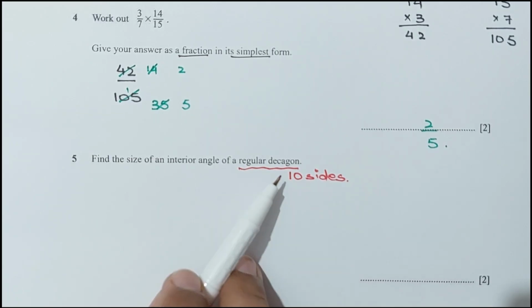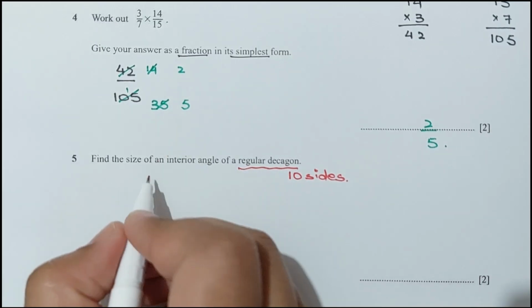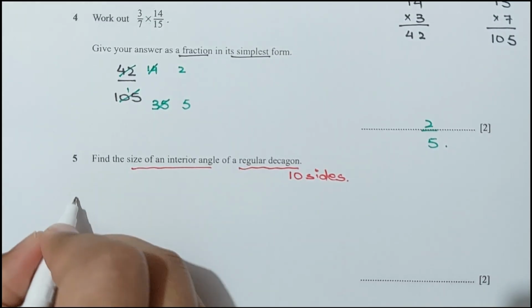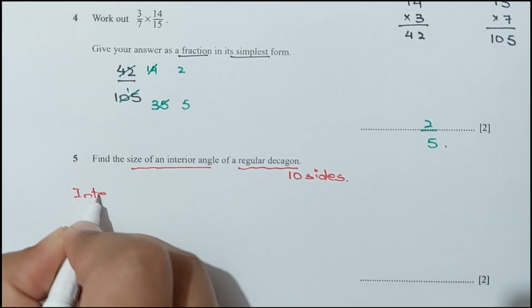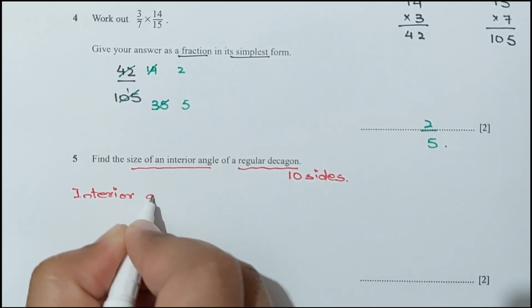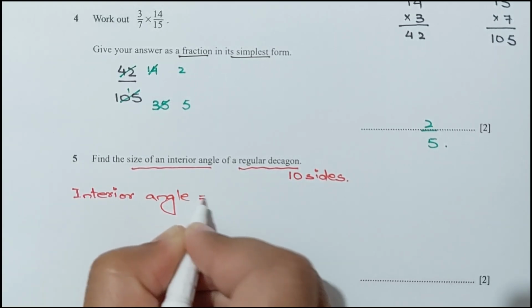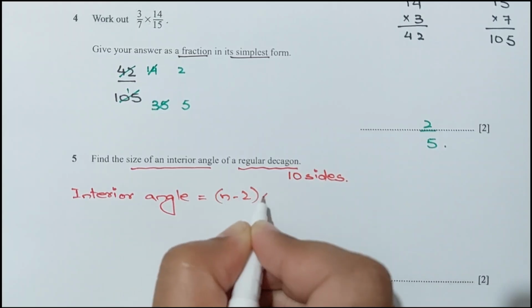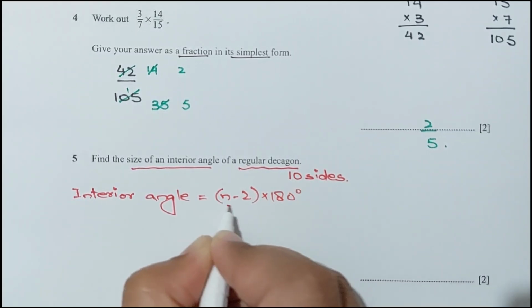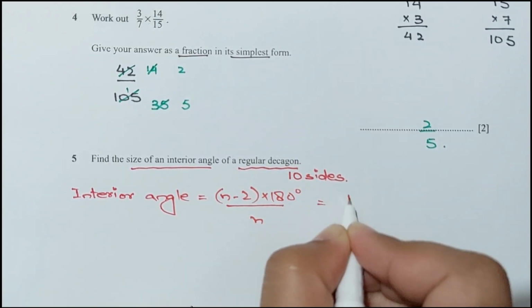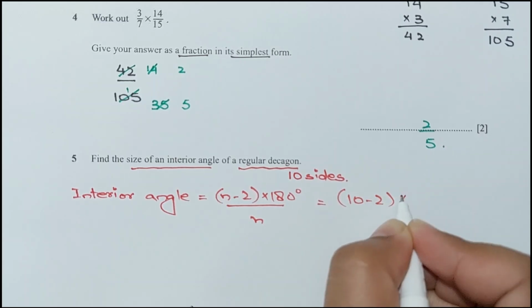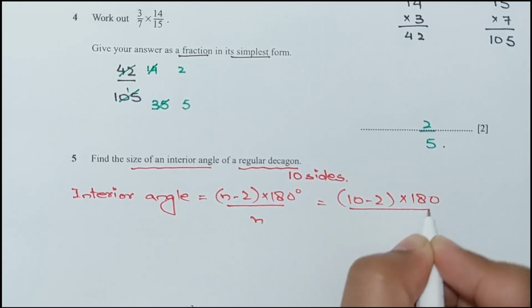The formula for the size of an interior angle is the number of sides minus 2, times 180 degrees, divided by the number of sides. So this is 10 take away 2, times 180, divided by 10.